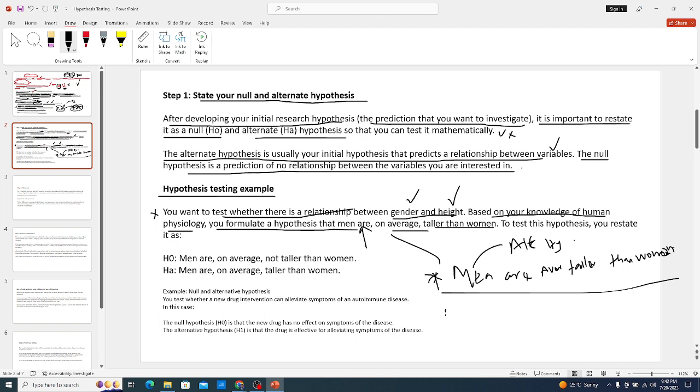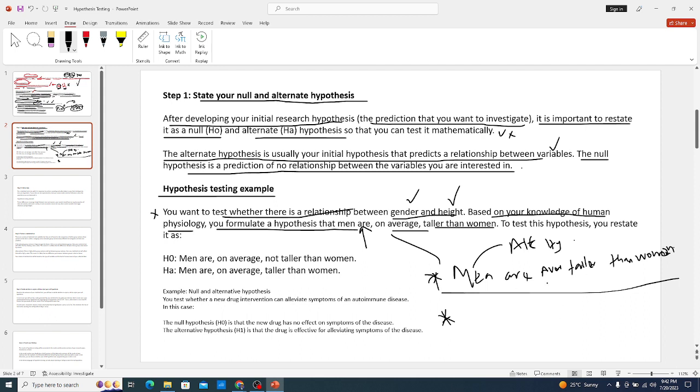Then what will be our null hypothesis? Remember, the null hypothesis tries to show that there is no difference. So definitely it will be the opposite: men are averagely not taller than women.